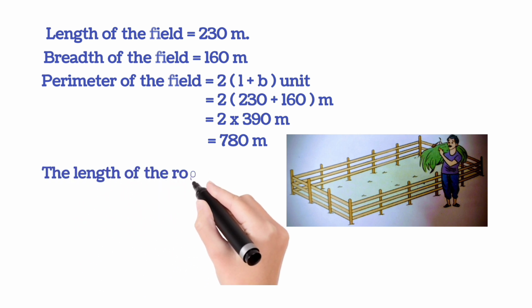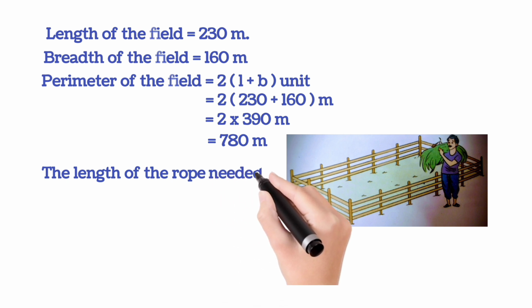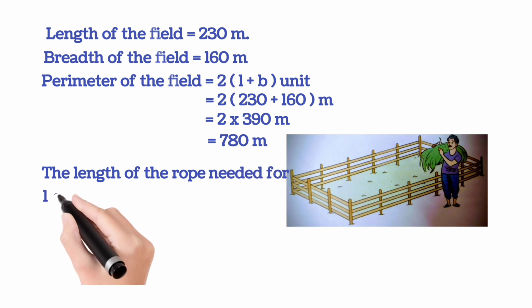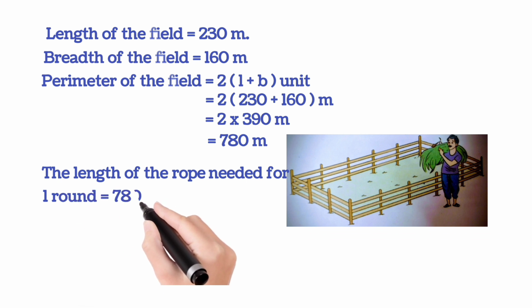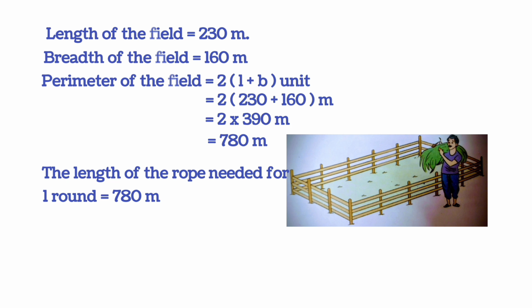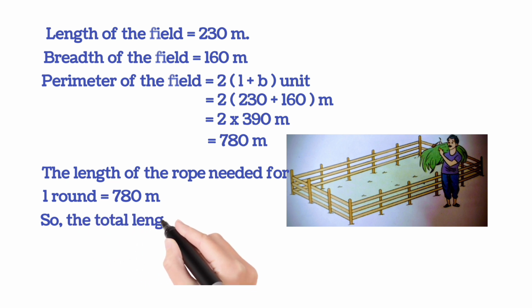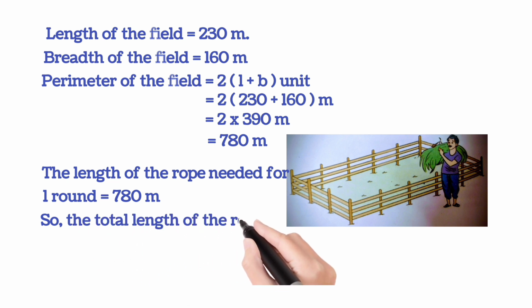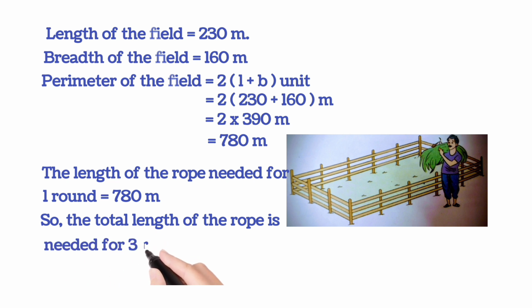So you write this way: the length of the rope needed for 1 round equals 780 meter, and the farmer needs to make 3 rounds. For 1 round the rope length is 780, so for 3 rounds, simply multiply 3 with this 780.